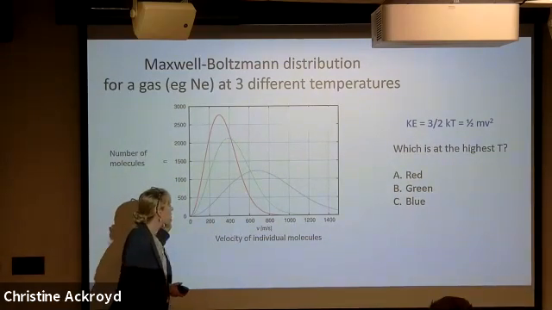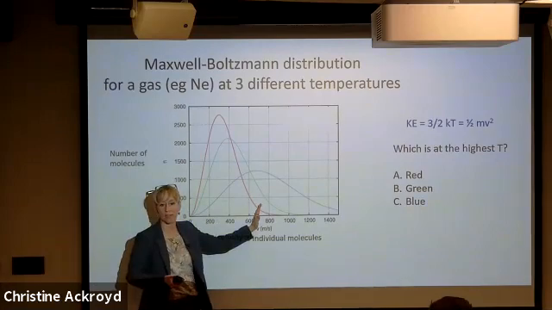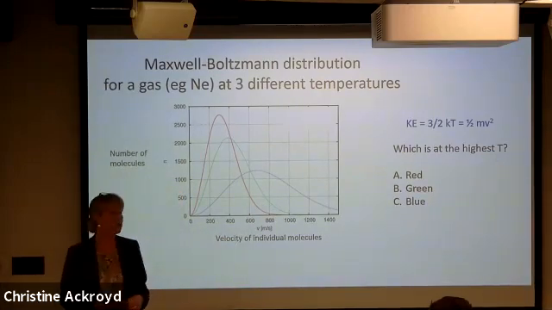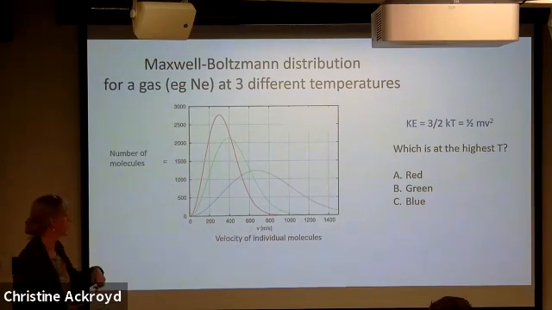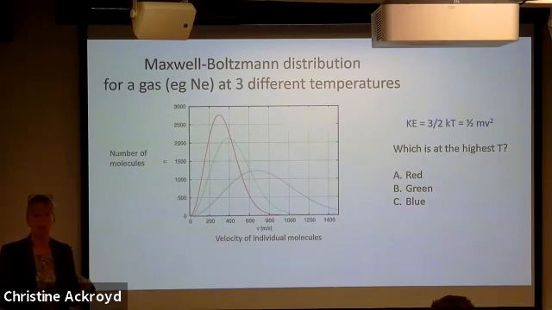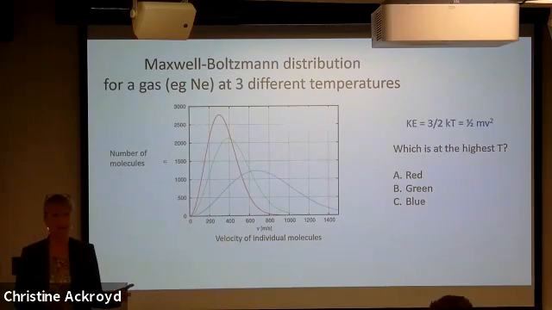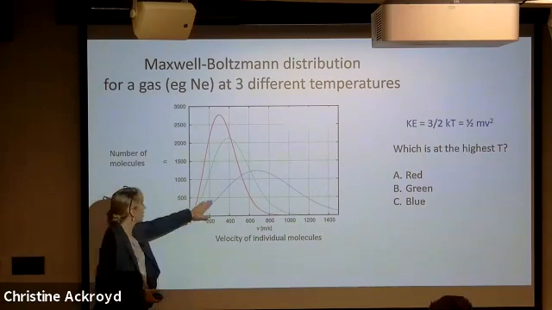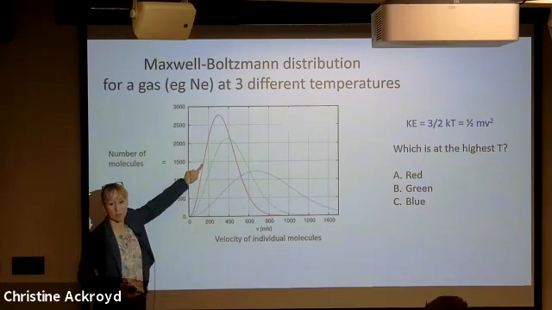On average, the molecules are moving faster, and you also have a greater range of velocities. So which one's at the highest temperature? The curve that has more molecules moving at a higher velocity is the higher temperature one. So the blue line is a higher temperature and the red line is the lowest temperature.